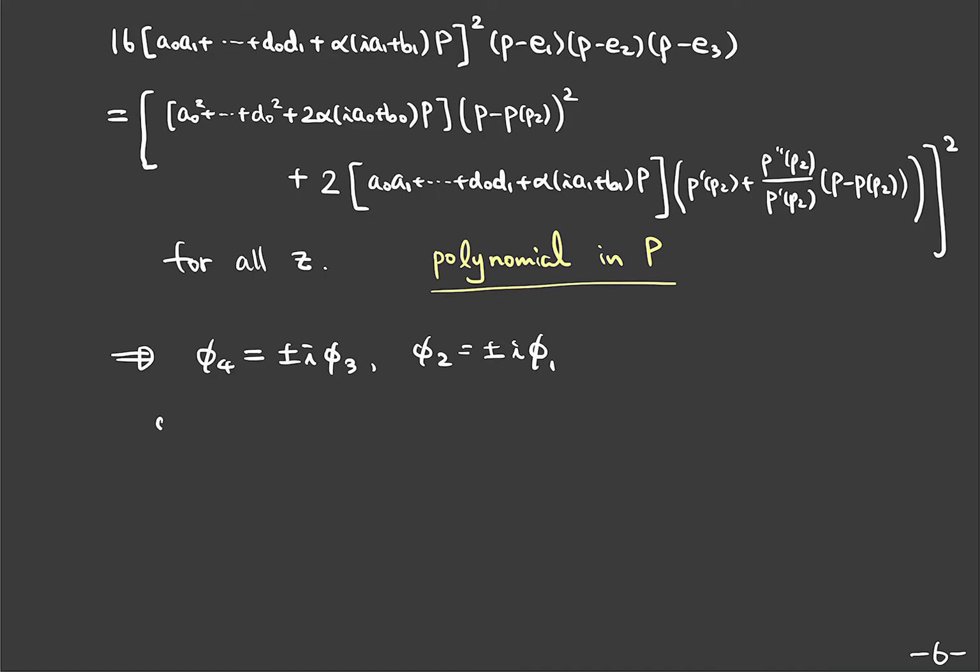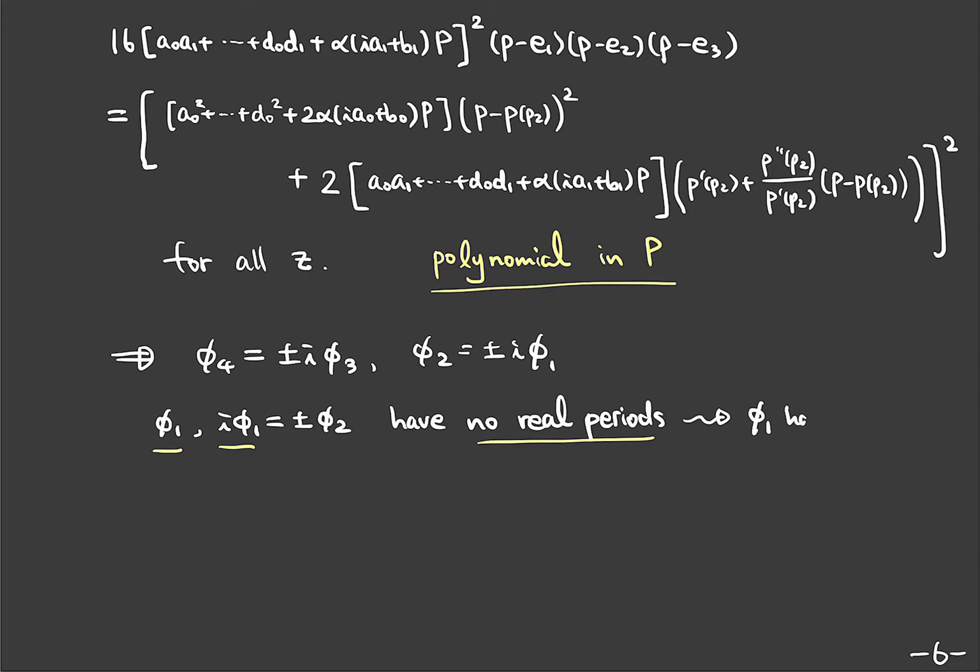since phi 1 and i phi 1, which is equal to plus minus phi 2, have no real periods, we may conclude that phi 1 has no period.